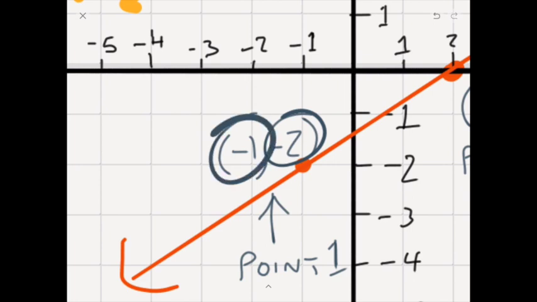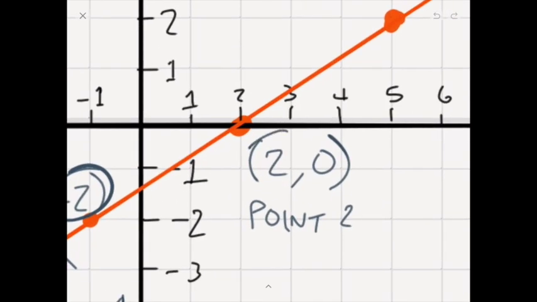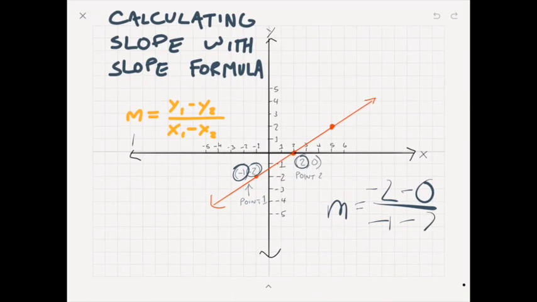That's this one, which is negative 1. And I'm going to subtract the x value of point 2, which is that one. And if I simplify this, negative 2 minus 0 is still just negative 2. And negative 1 minus 2 is negative 3. So it's negative 2 over negative 3. 2 negatives cancel out, so we're just going to call this 2/3.